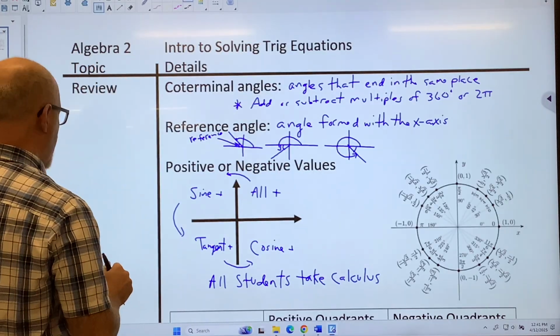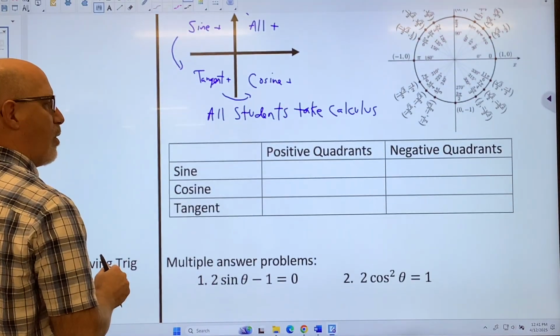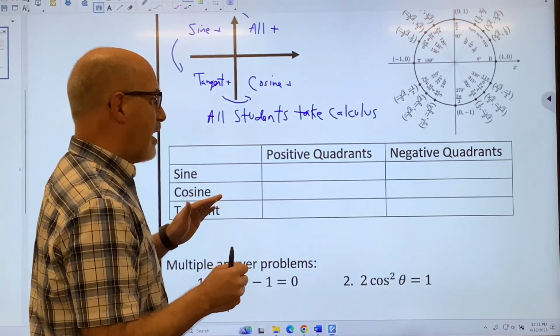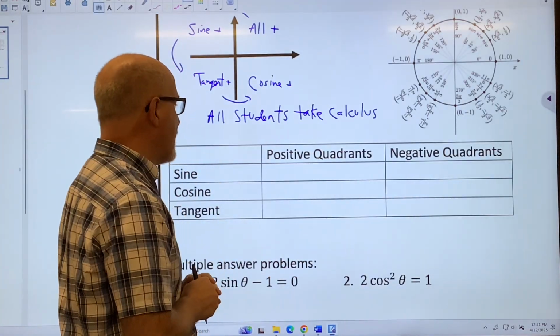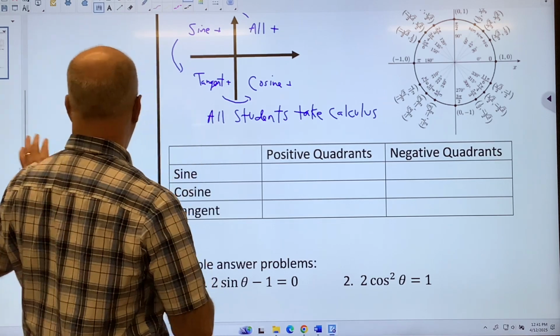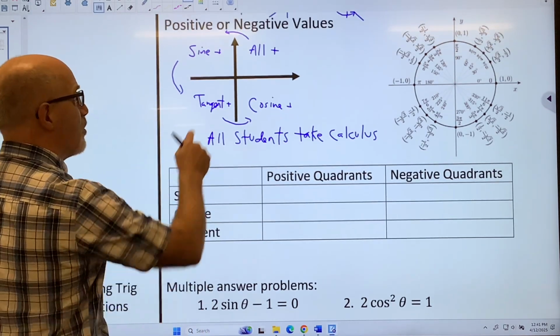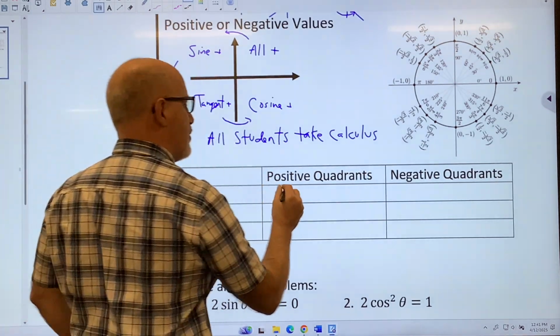Now, let's go ahead and look at which quadrants are positive just in a summary table here to help us when we do our problems. So sine is going to be positive, notice, in quadrant 1 and quadrant 2.